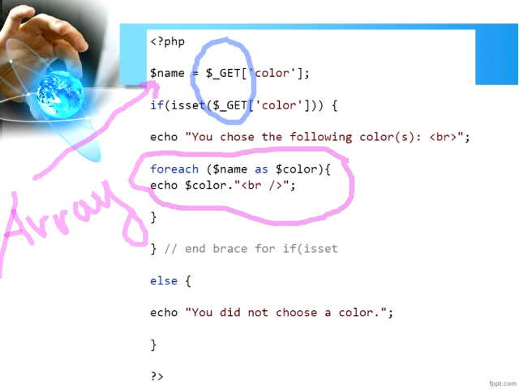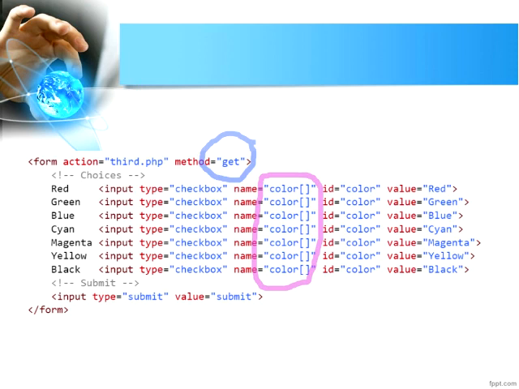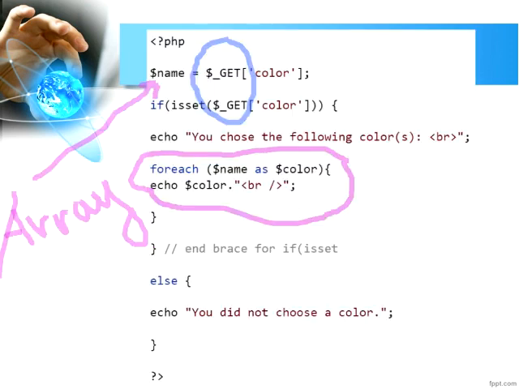Yes. So in case we have an array of values, we must use this symbol like an array to indicate that we have the same name. But in PHP code, without this symbol.